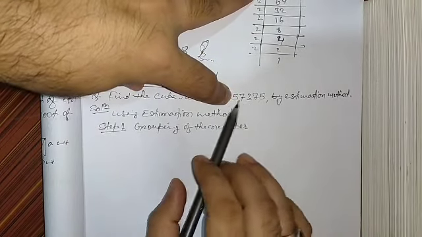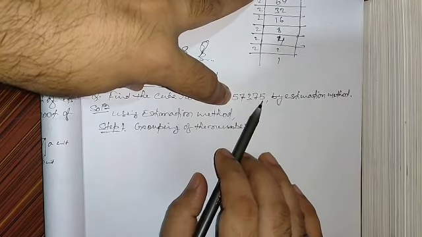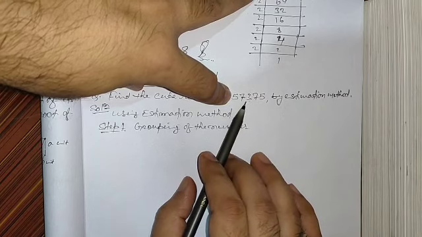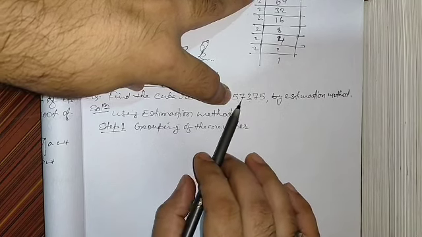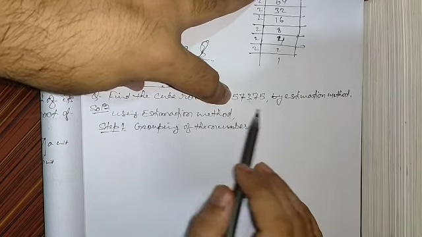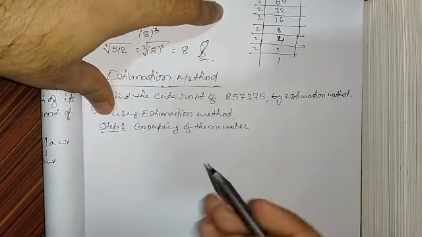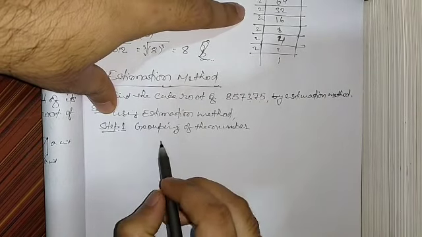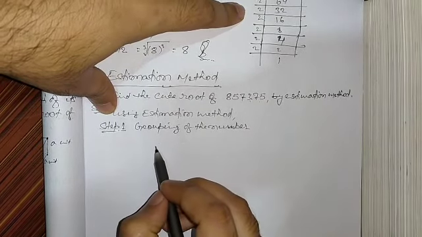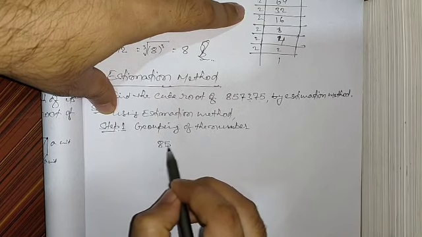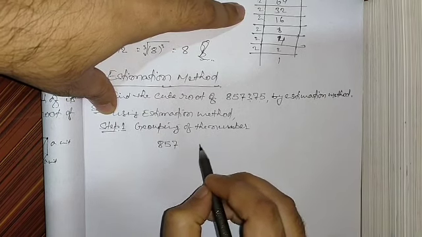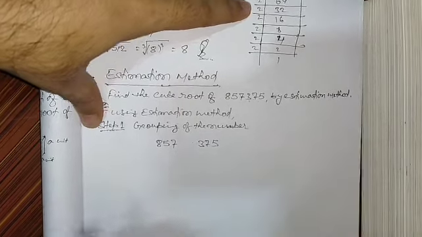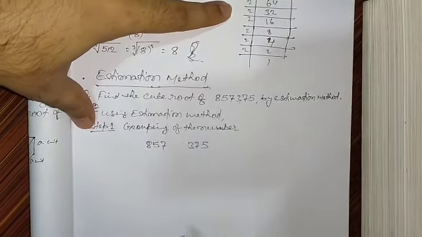If there are five digits, then from the right hand side take the first 3 digits, and whatever is left, just 2 digits, we take those 2 only. That's not an issue. So let us make the groups. 8 5 7 will be your second group, and 3 7 5 is going to be your first group.